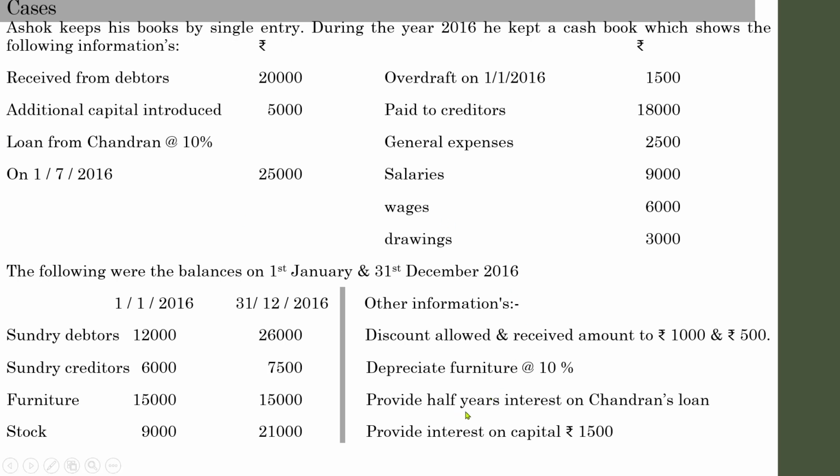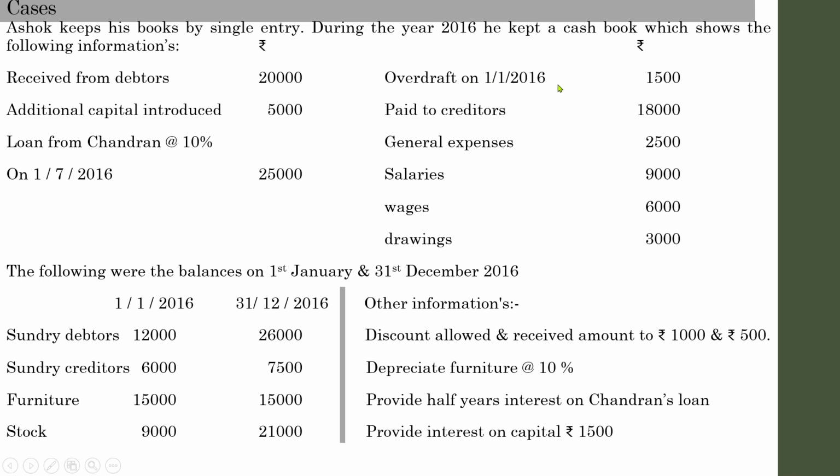In this question it is already mentioned in the additional information to provide half year's interest on Chandran's loan. Sometimes it may not be given in the question. In that case, if a certain percentage is given, you have to consider interest on the loan. We will come to that. Anyway, whenever a rate is given, please consider whether there is any adjustment with regard to that. Always think like that. And remember the date. Remember these two factors.